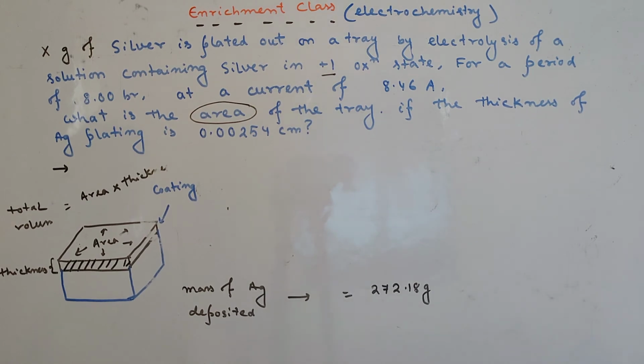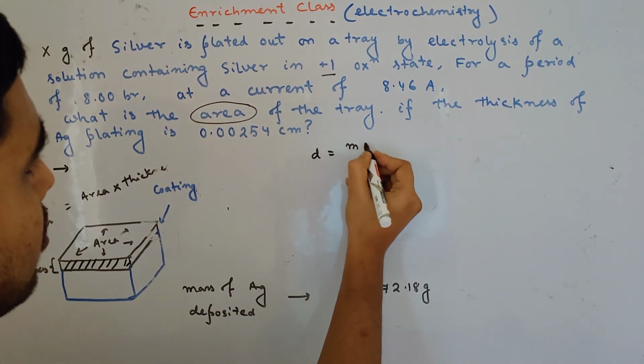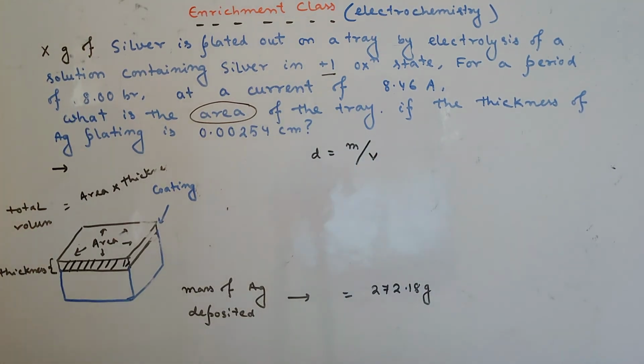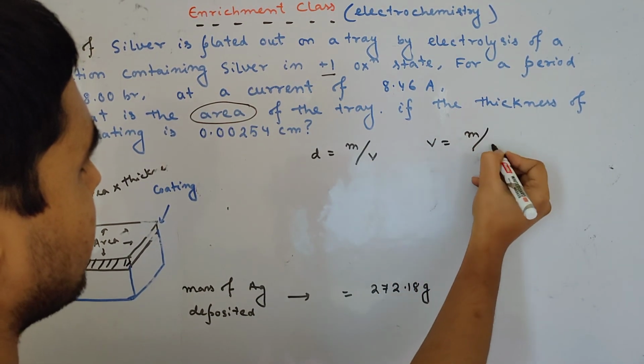We know that density is equal to mass by volume, and the total volume we need to get. So volume should be mass by density.